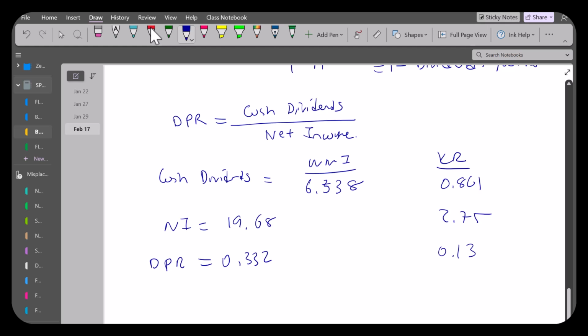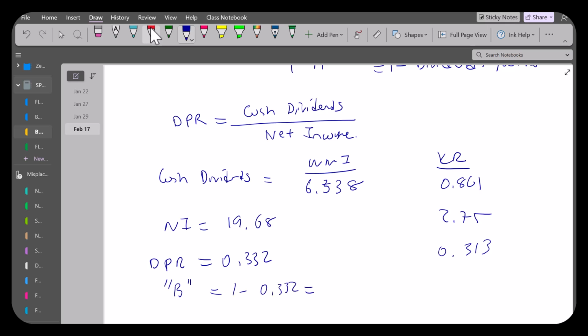They're not so different from each other. Hence, the so-called b is going to be 1 minus that. Well, I'm still young enough to do that in my head.